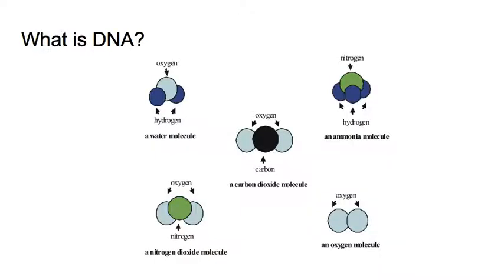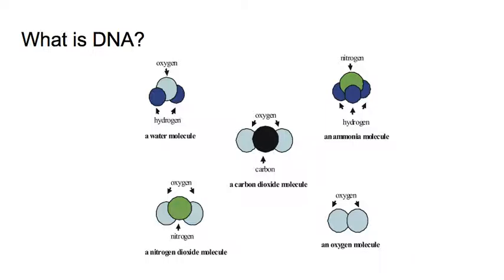What is DNA? I want to remind you that DNA is a molecule. When we were looking at the system of order and what makes up organelles, molecules make up the organelles. I wanted to familiarize you with some other molecules that you know about.